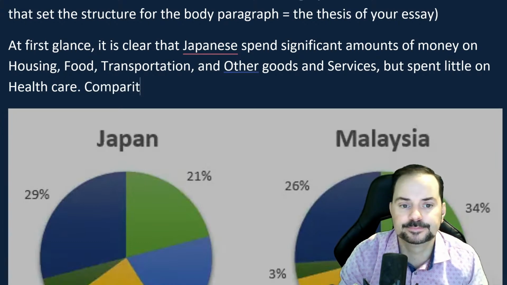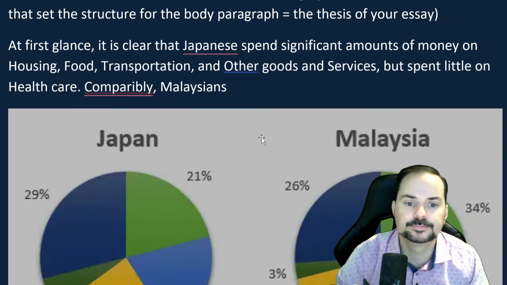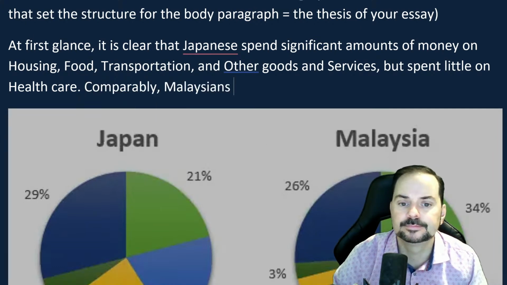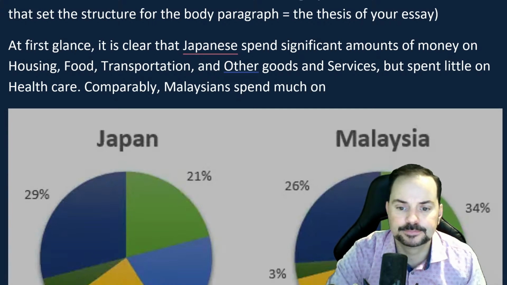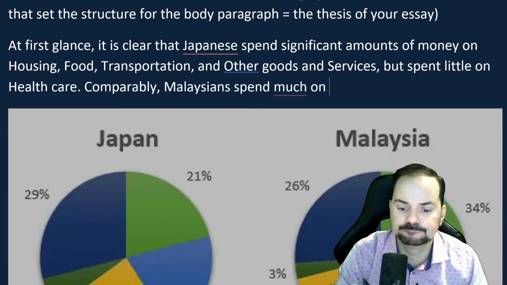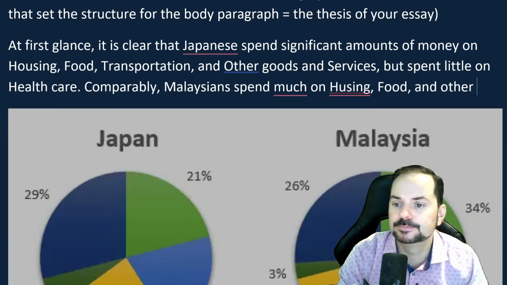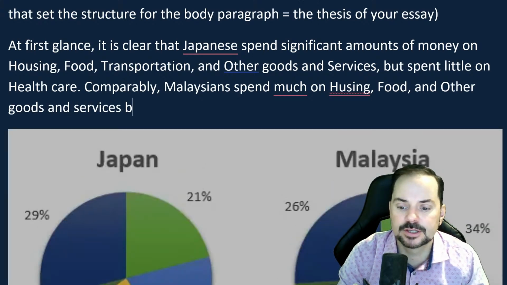Comparably, Malaysians spent much on housing, food, and other goods and services, but less on transport and healthcare.